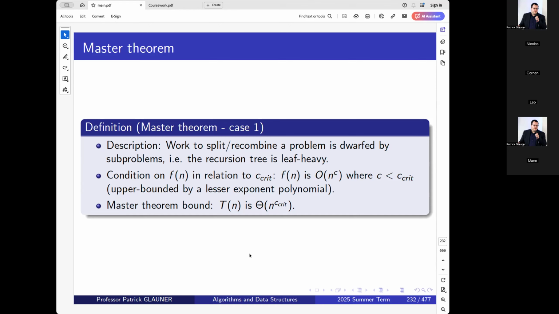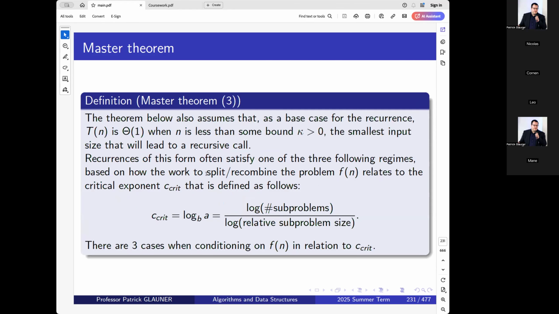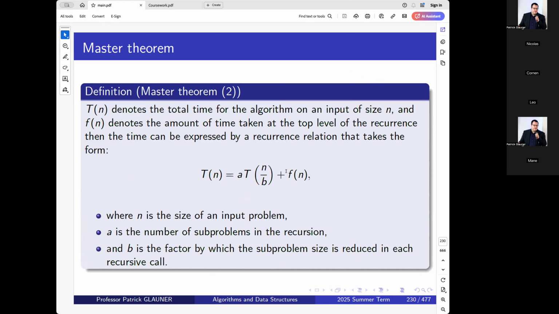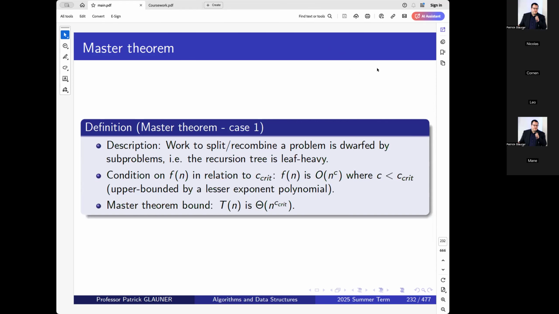And now in case one, we're trying to relate this A and B together. So also when conditioning on this f of n, which is the work done in our current function call. Case one describes where the work of splitting the problem and recombining is dwarfed by the subproblems. What does that mean?